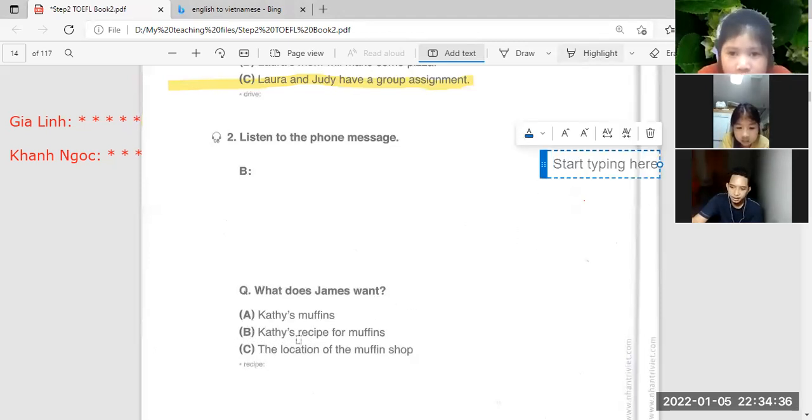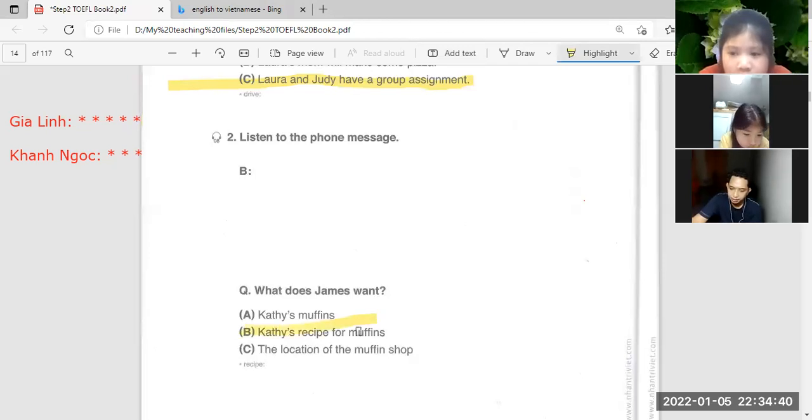B. Kathy's recipe for muffins. Nice, perfect. So everyone got 1 star. 1 star for Kangok and 1 star for Yelling. Perfect, very good. Now let's move on to the next one.